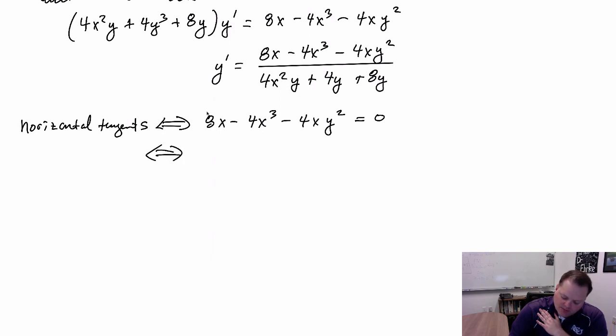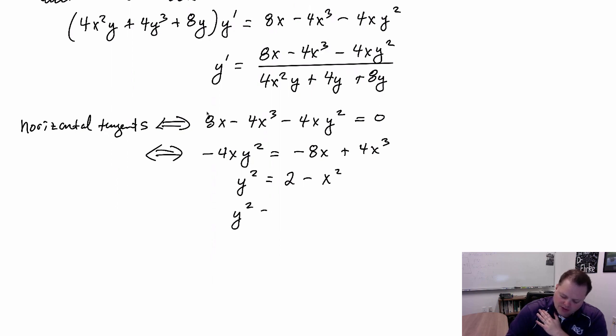So let's see here. I've got negative 4x y squared equals negative 8x plus 4x cubed. If I then divide by negative 4x, negative 8x divided by negative 4x is 2. And then negative 4x cubed over negative 4x would be negative x squared.